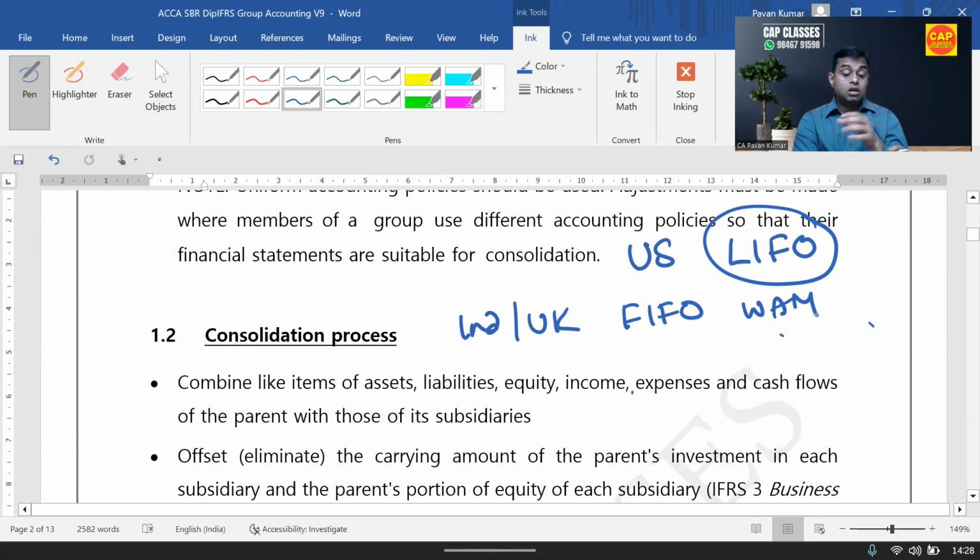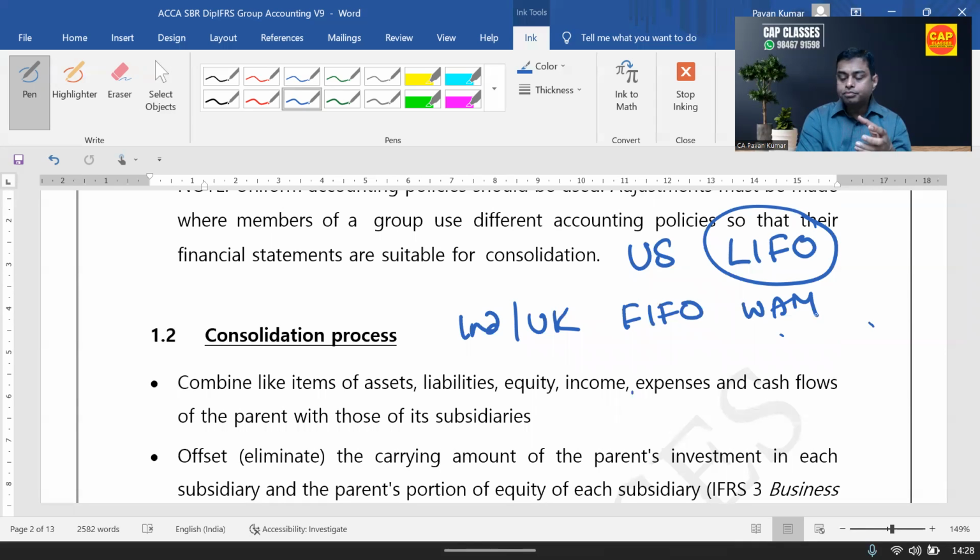Now, one company has valued inventory based on LIFO, another company valued inventory based on the weighted average method. Now, this company's inventory is $1 million. This company's inventory is $1 million. Can you add those two and say the total inventory of the group entity is $2 million?